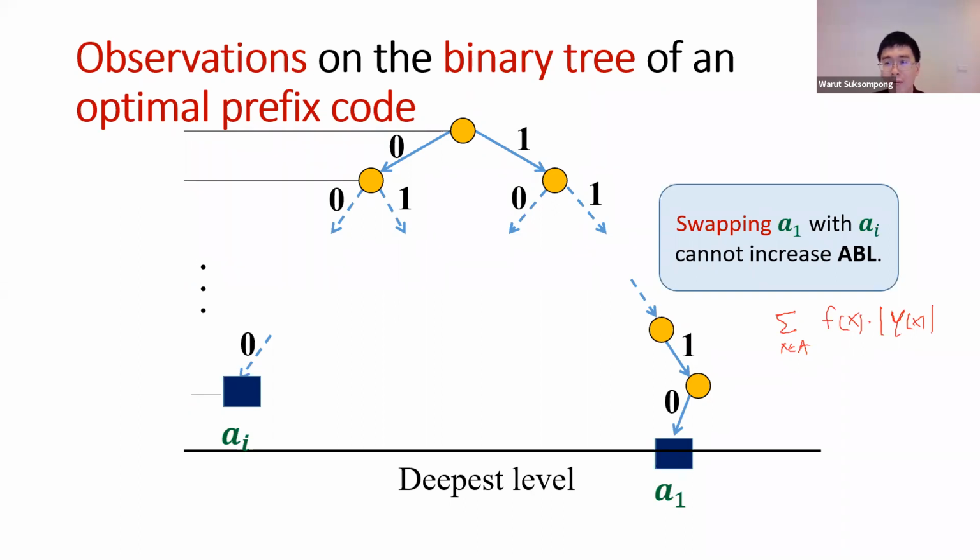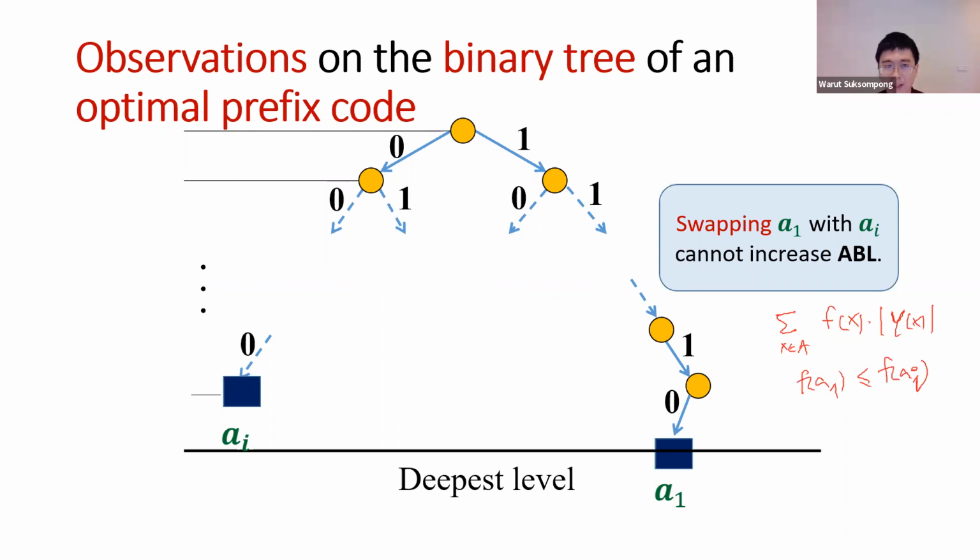And we know that A1 is no more frequent than AI, right? So we know that f of A1 is less than or equal to f of AI. So if we make the swap, these terms are going to swap.